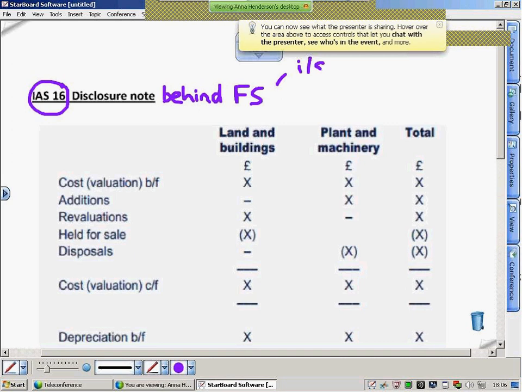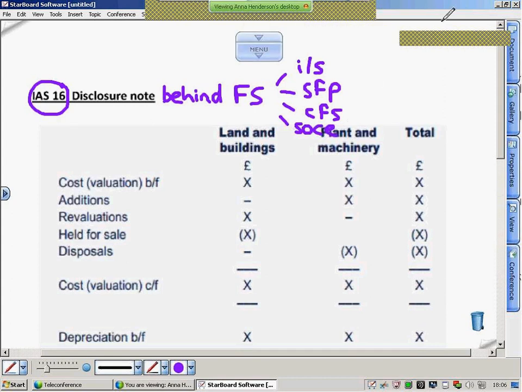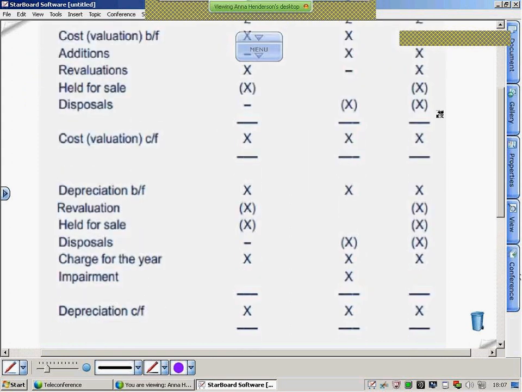So behind your income statement, behind your statement of financial position, behind cash flow statement, statement of changes in equity, we're going to have these notes which are just breaking down the figures on the front of the statement so that we can see things in a little bit more detail. So the self-managed learning has run me through this hopefully, and you should therefore be quite happy with the layout of the notes. The note splits itself down into three different sections.